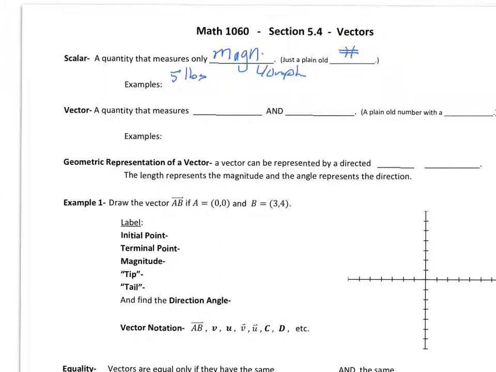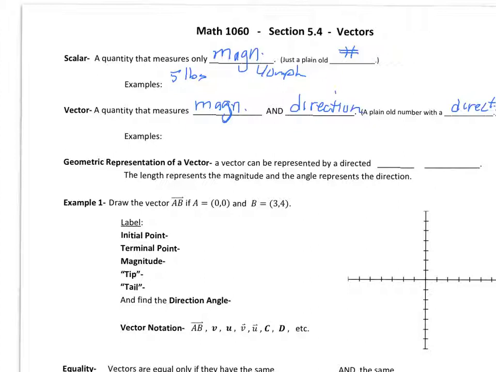All right, now a vector is a quantity that measures magnitude, but it also measures direction. So that's a plain old number with a specific direction.